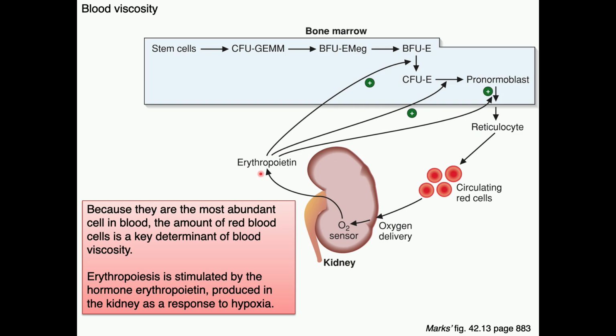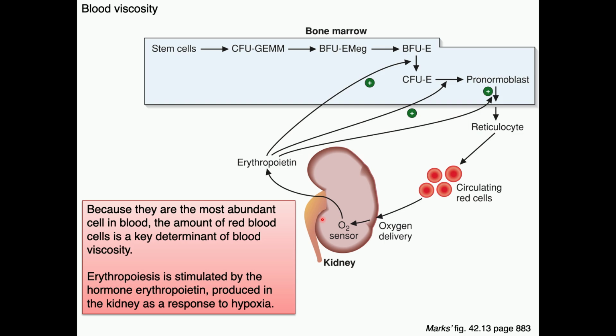Do you remember HIF-1 alpha and prolyl hydroxylase and all that story? Okay, so I'm not going to go into the details of that, but that system is present in the kidney, and one of the genes that is sensitive to oxygen deprivation through that HIF transcription factor is a protein similar to a cytokine called erythropoietin.